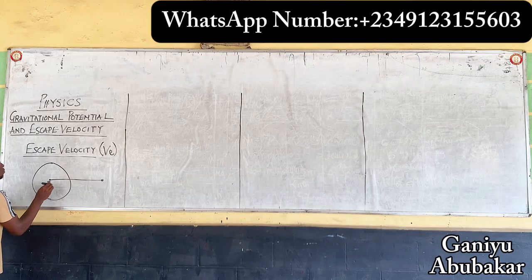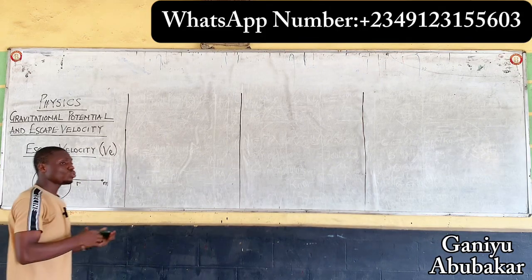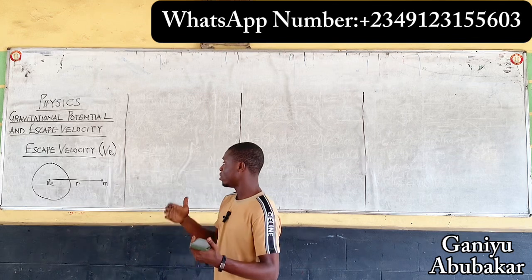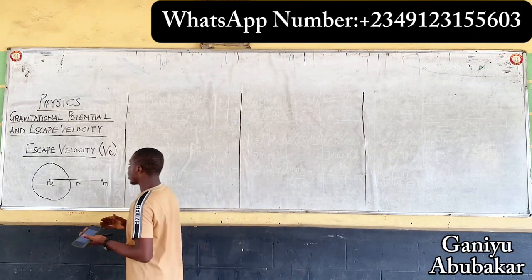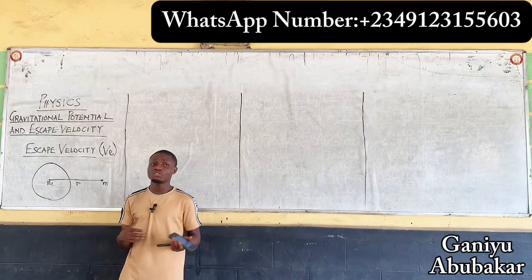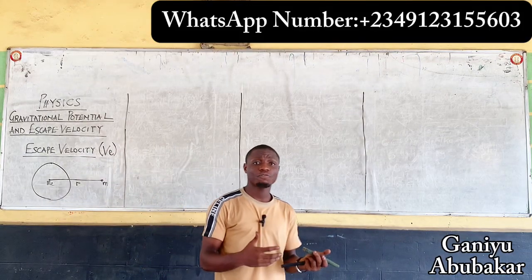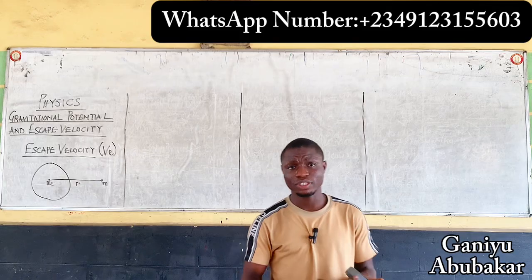Here is my mass of Earth, and here's my mass. Here to here is my R, the distance. First things first, to get my VE formula, I'll have to apply Newton's law of universal gravitation.